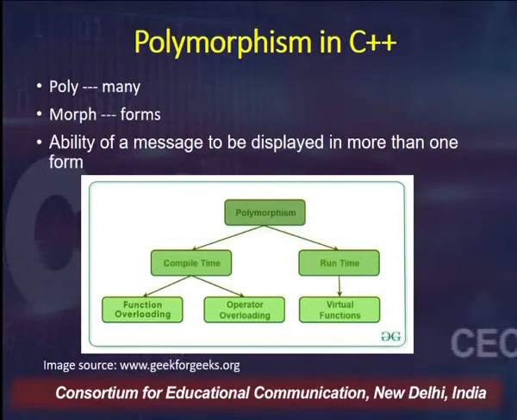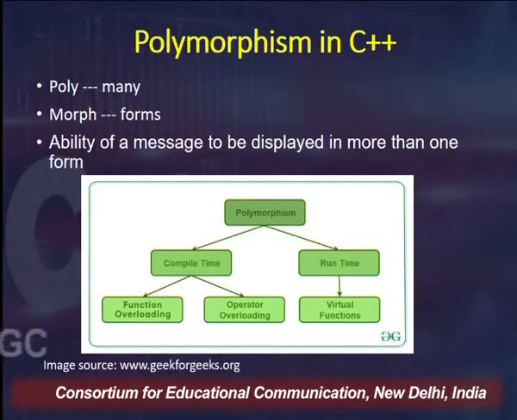Polymorphism is a term which is a combination of two different terms. One is poly, another one is morph. Poly means many, morph is a form. So if I try to connect this definition with a mechanism of C++, I will say the ability of a message or a function to be displayed in more than one form is known as polymorphism.